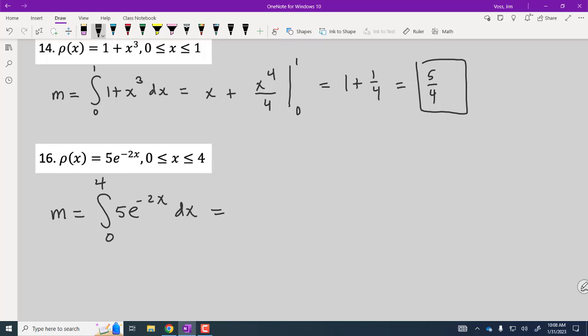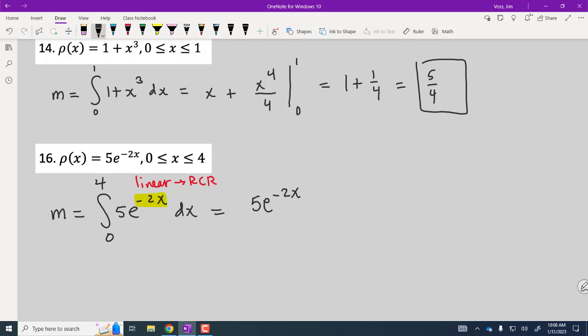We have an exponential. What kind of function is this in the exponent? Linear. So if it's linear, we use reverse chain rule. So this tells us that we're going to end up with 5 e to the negative 2x. The integral of an exponential is itself, first and foremost.